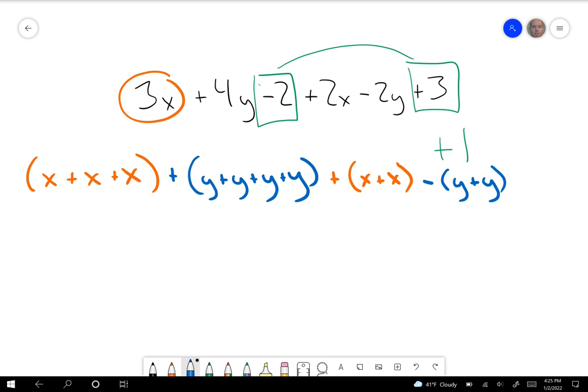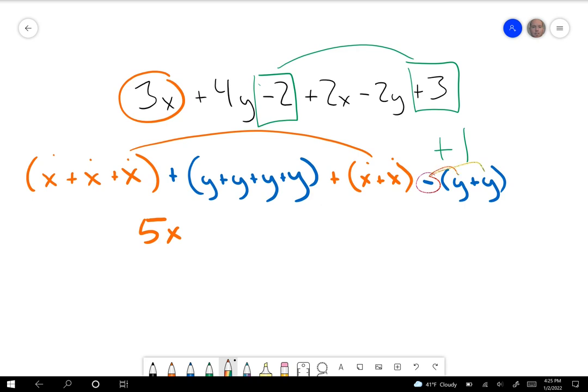So when we look at it this way, it's pretty easy to see that we have 1, 2, 3, 4, 5 x's. But when it comes to the y's, we have this little subtraction sign to deal with.